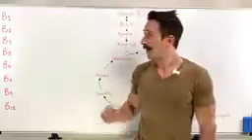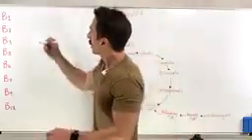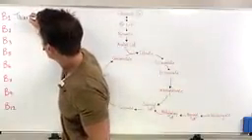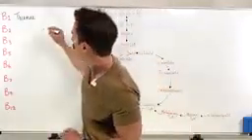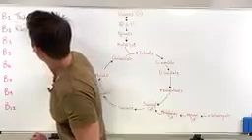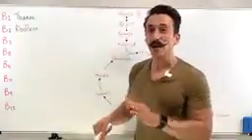What we need to do now is talk about their names. So B1 is also known as thiamine. B2 is known as riboflavin. B3 is known as niacin.